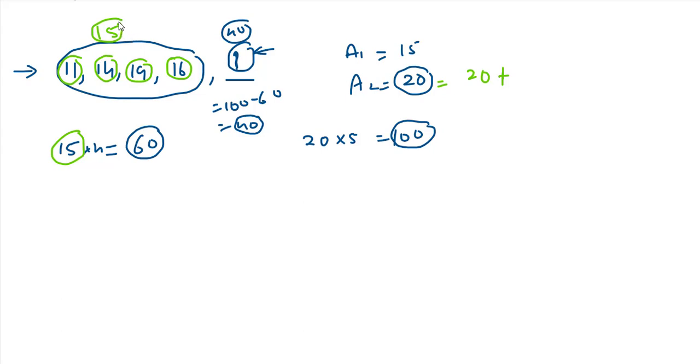Since each of these individual values are equal to 15, to make them 20, it should carry 5 more for each of these individual values. Since there are 4 values, it should carry an additional weight of 5 into 4. So the value of the new number that we are adding will be equal to the new average plus 5 into 4, which will be 20 plus 20, it will be equal to 40.